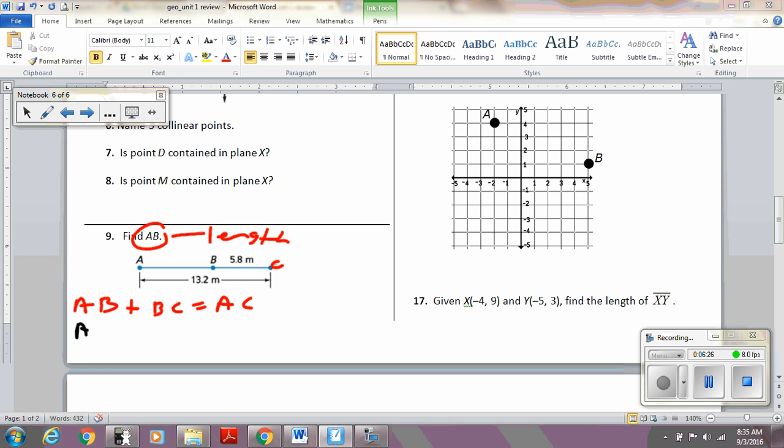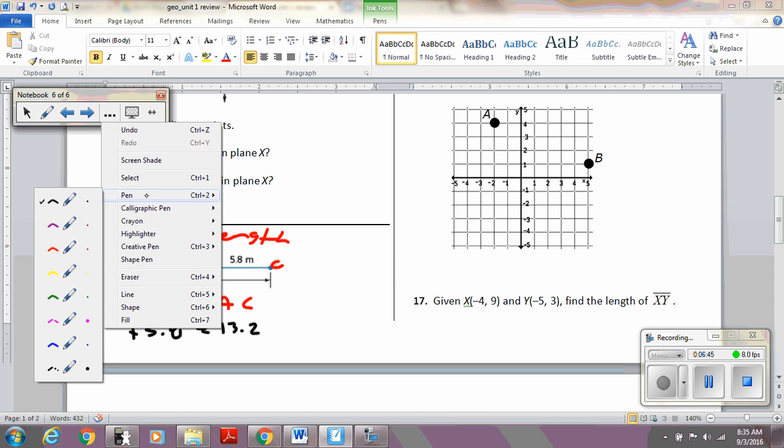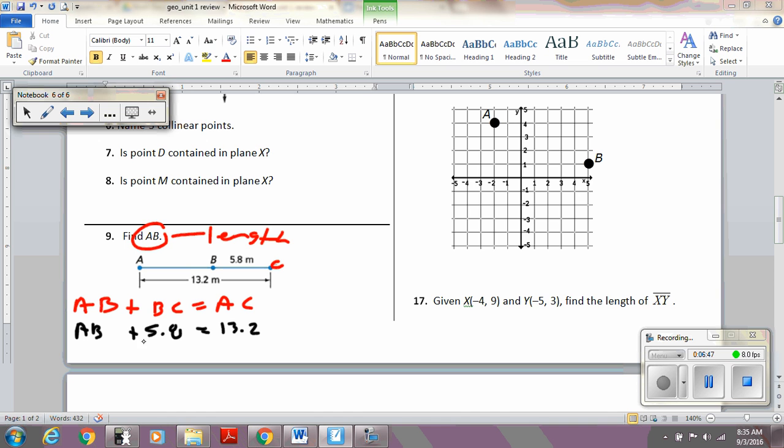If I had the value of AB, I would add it with 5.8, and it would give me 13.2. Since I don't have it, I would have to subtract 5.8 from 13.2 in order to find out what AB would be. And you would get AB is equal to 7.4.